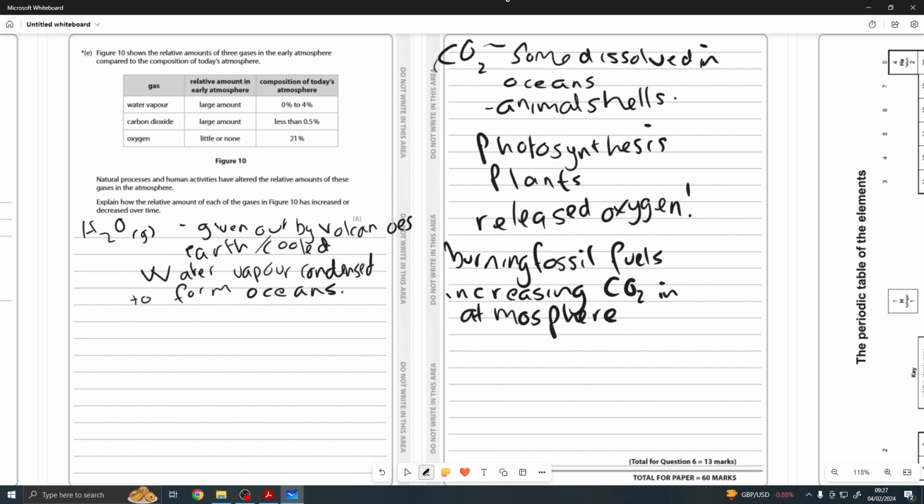And finally, by deforestation, that means less CO2 absorbed by trees.